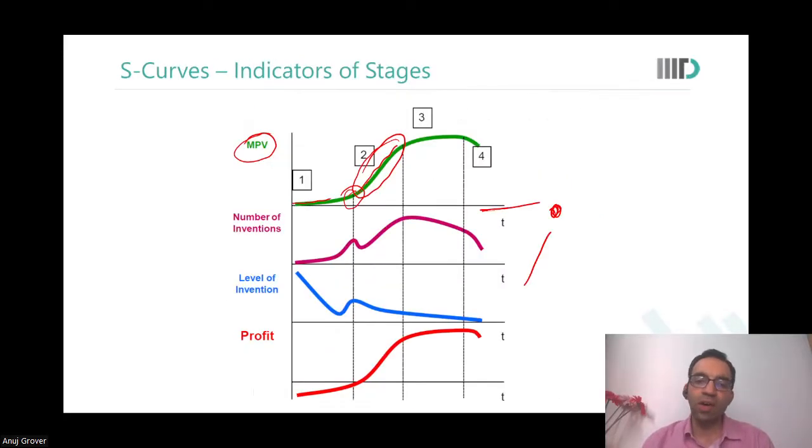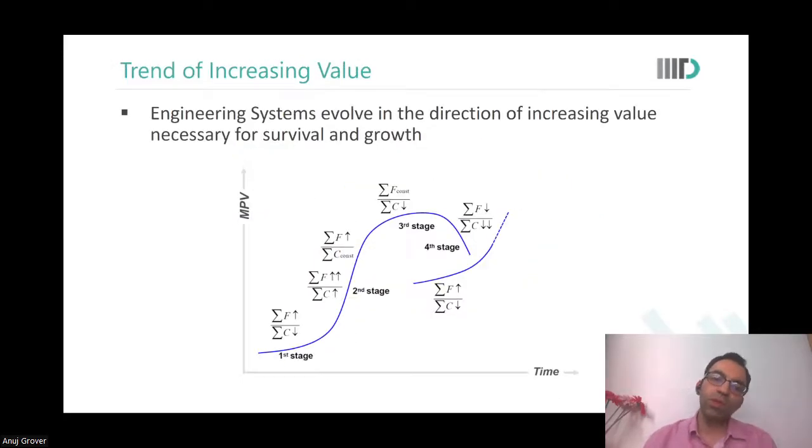This means that on the S curves, you can also plot the trend of increasing value. Let us look at it like this. In the first stage, you're trying to increase the functionality and reduce the costs. You're just working on prototypes. The first car used the wheels of a horse cart.